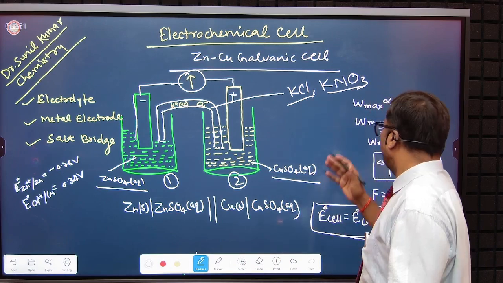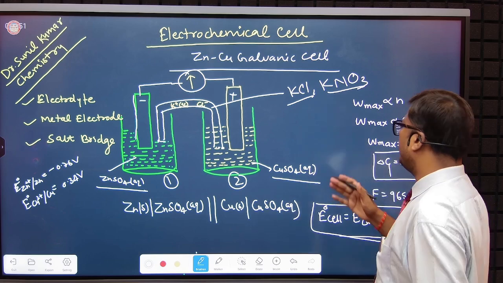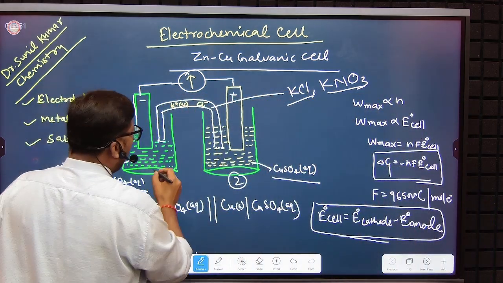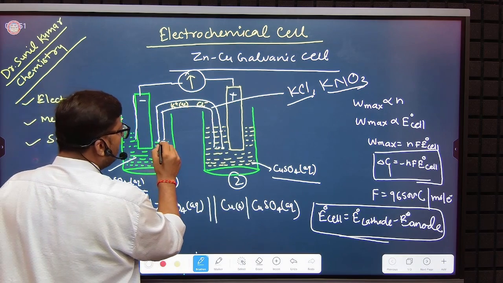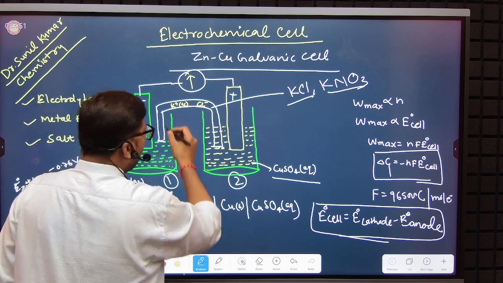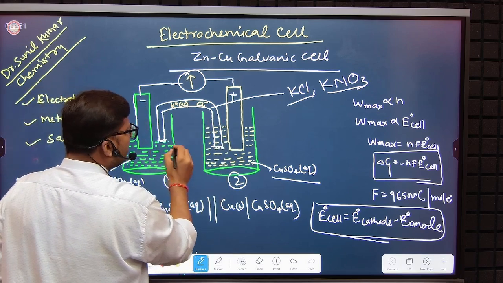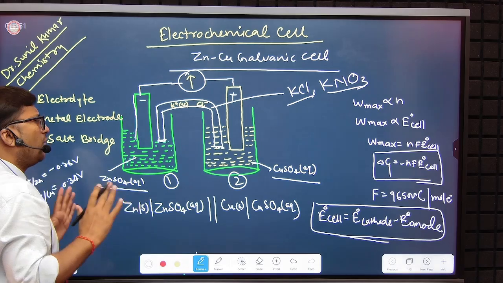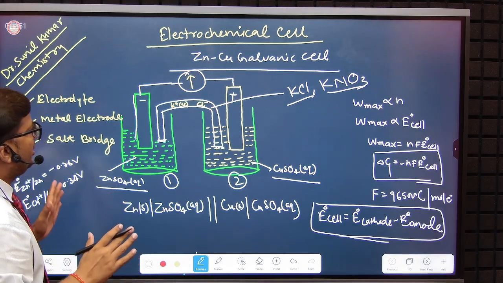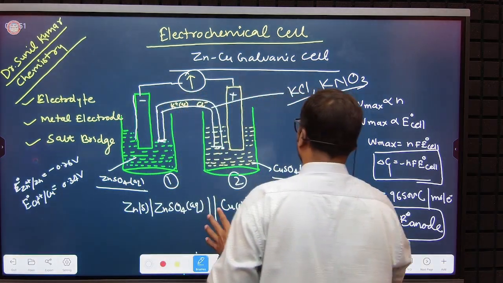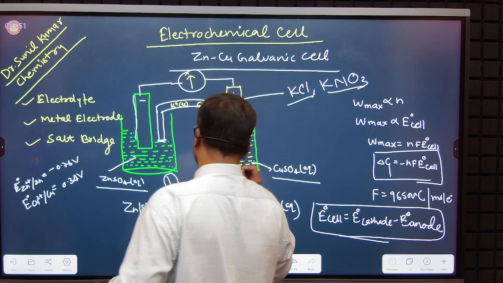This electrolyte solution contains agar gel in this system, and this salt bridge is a porous system, right? The lower part of the salt bridge is porous, or you can simply say the whole part may be porous, and it helps to transport selective ions between these two containers, right?